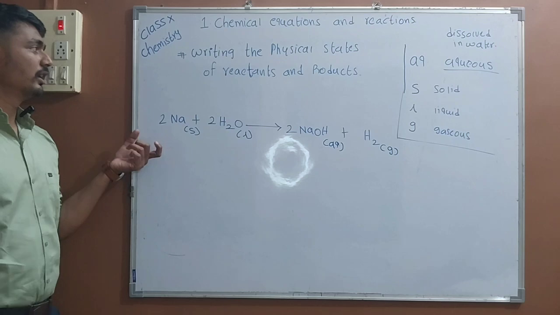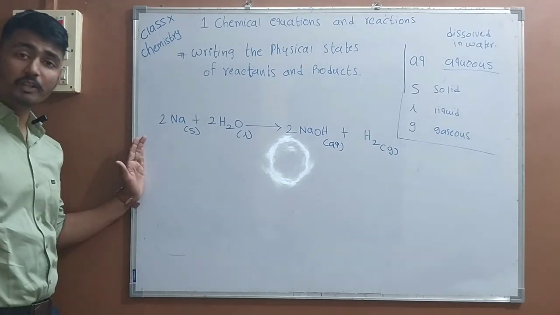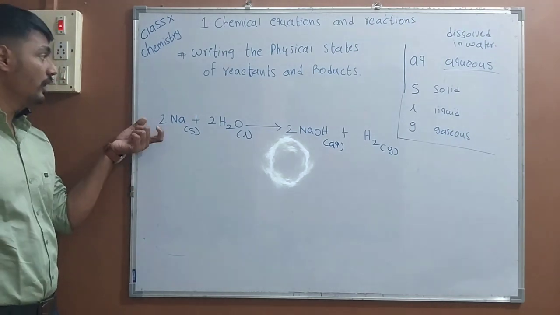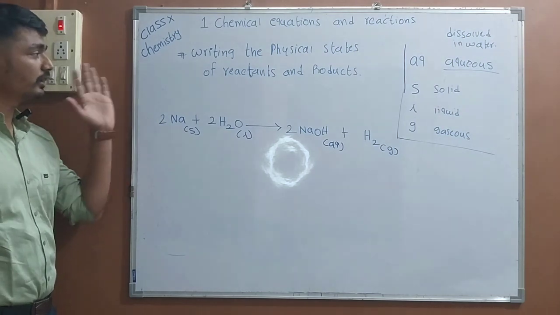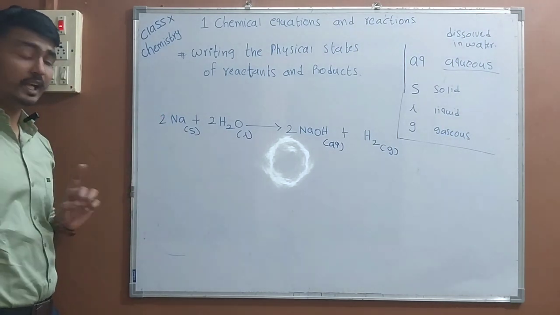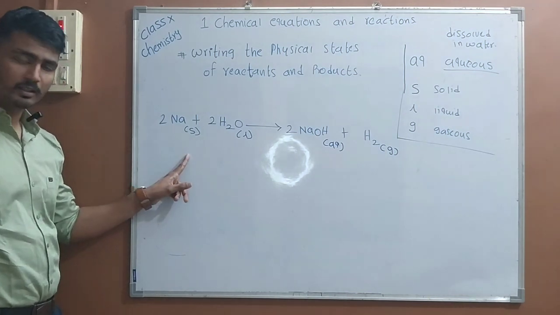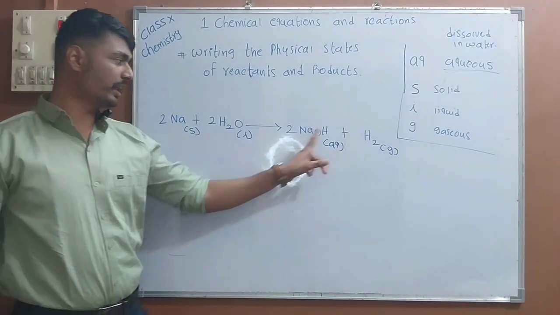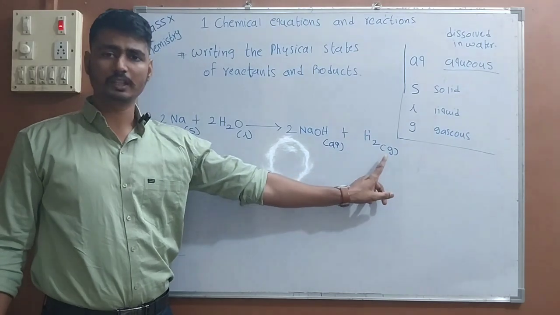So this is the reaction. This is the balanced chemical equation where we have already written the physical states of the reactants and products. So 2Na solid plus 2H2O liquid gives 2NaOH aqueous plus H2 gas.